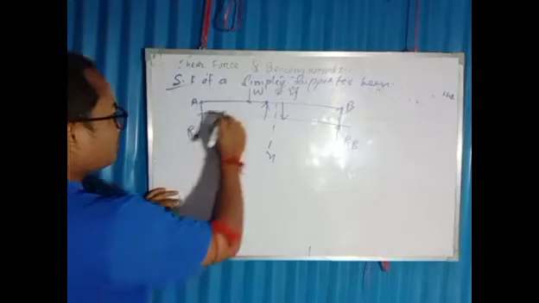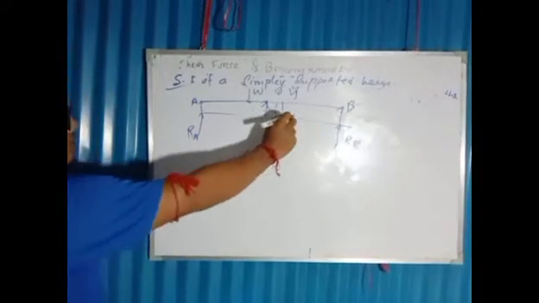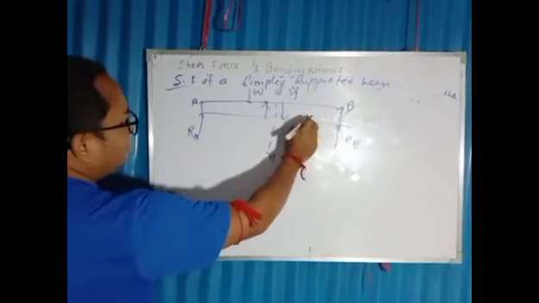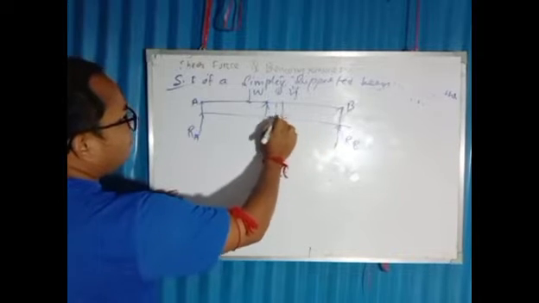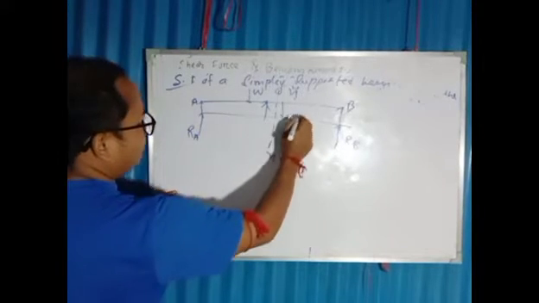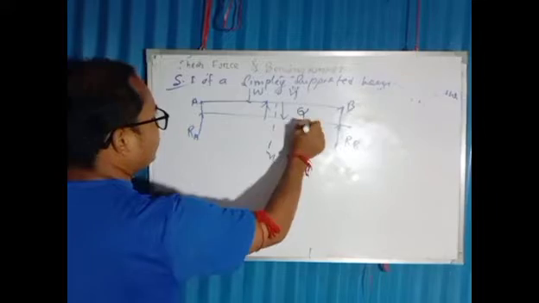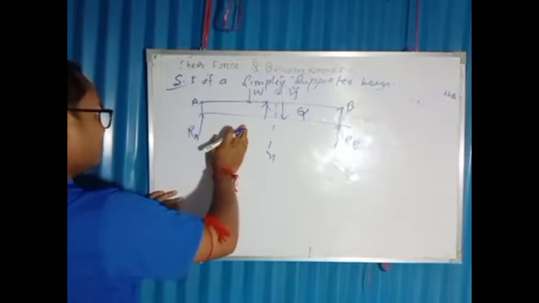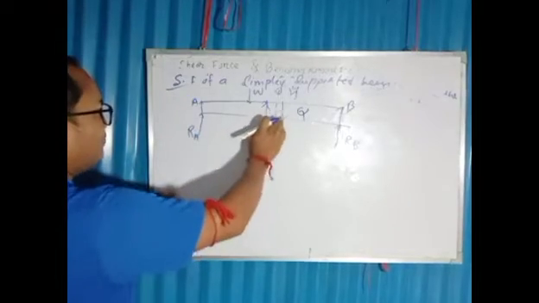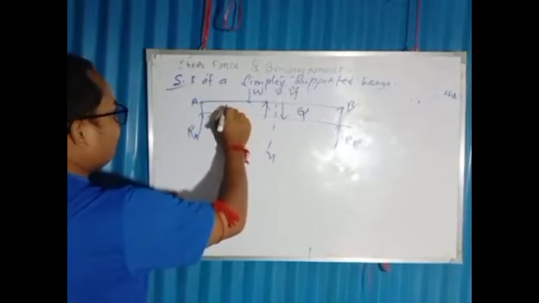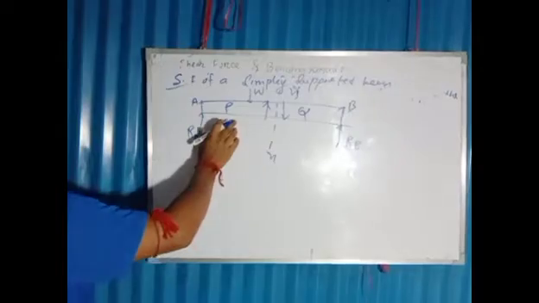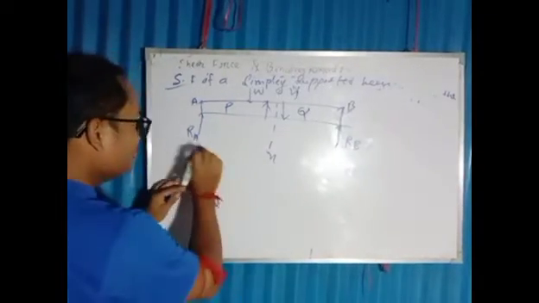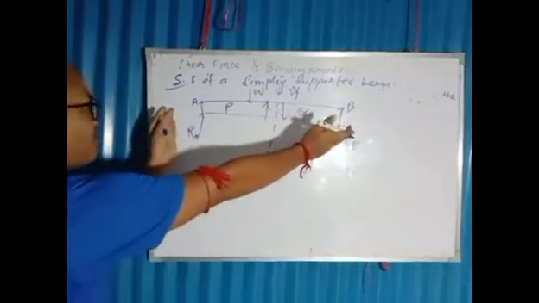Let's have a look at this section. On the right side of this x section, let's take Q, and on the left side of this section, take a P portion. Those are the Q portion and the P portion. The two portions combined make a beam.